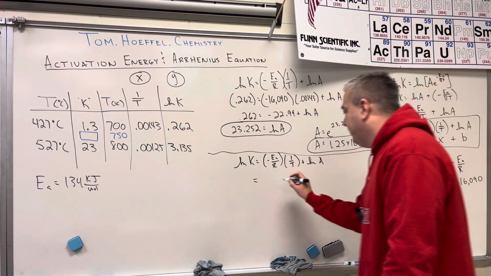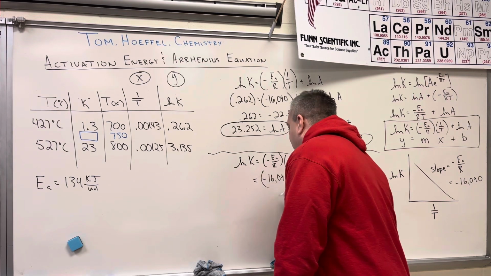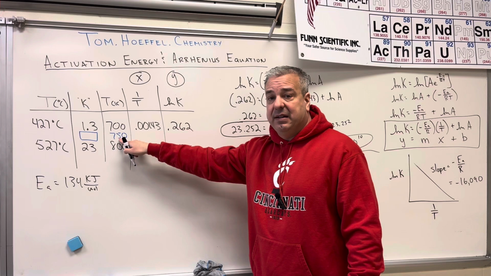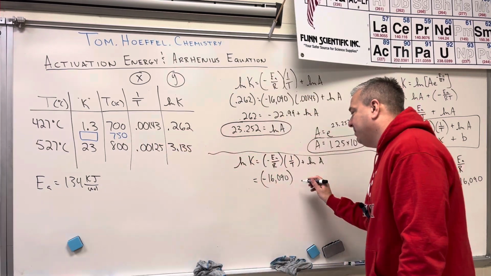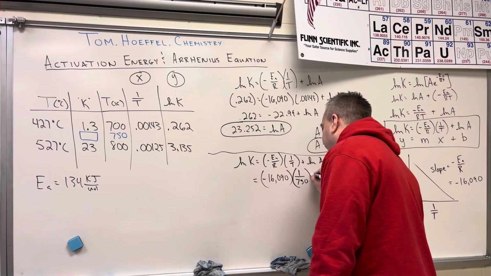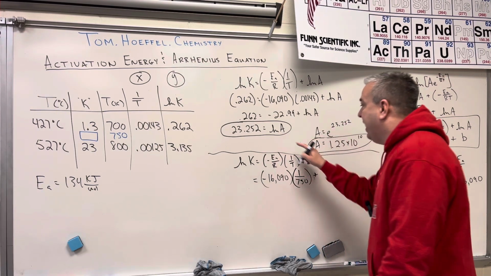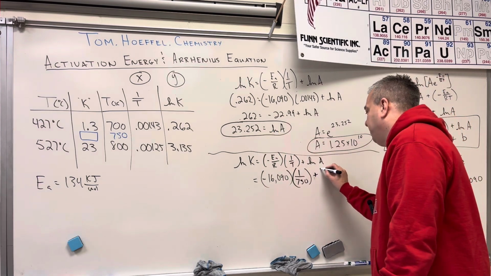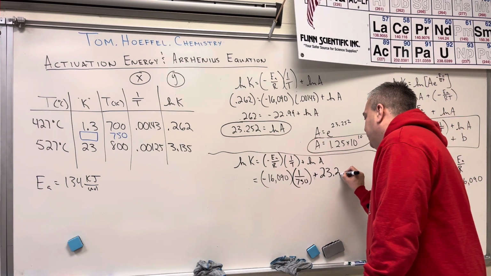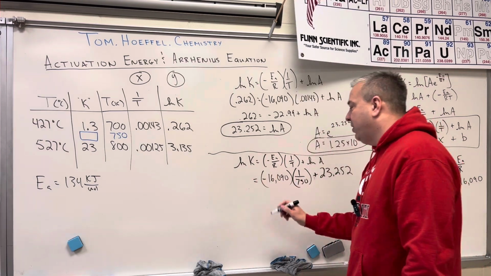It's still negative 16,090. And the value that I'm going to put in is 750. But remember, that has to be inverse temperature. So it's 1 over 750. Okay. And we have our natural log of A that we calculated from the previous part as 23.252. And all of this information is going to give me natural log of K.